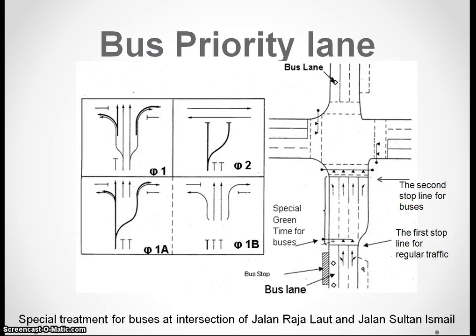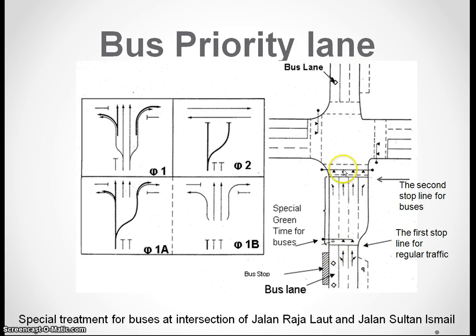And to make bus more attractive, we have to reduce the travel time. So we give a priority lane along the major roads, and we produce this kind of traffic light configuration, so the bus can go to the front line at the road approach, and then go faster.